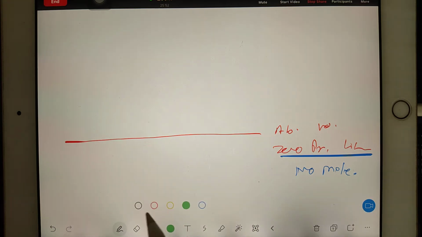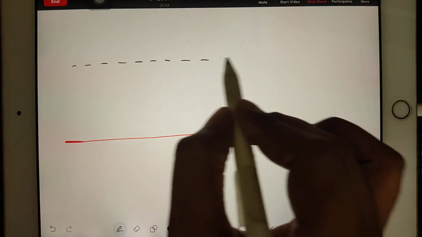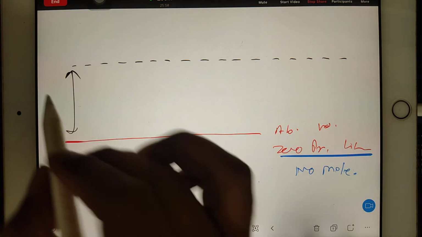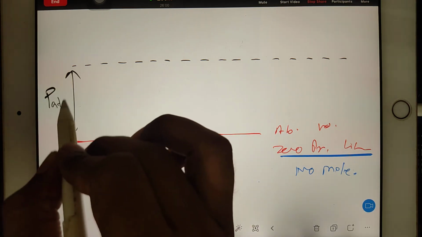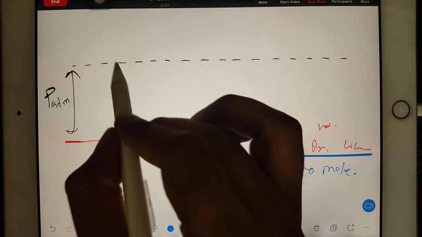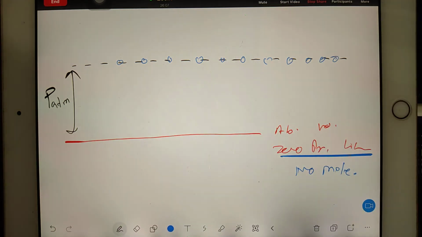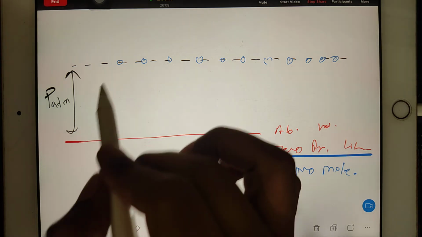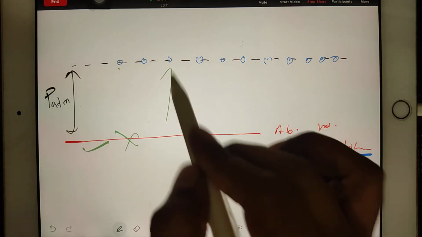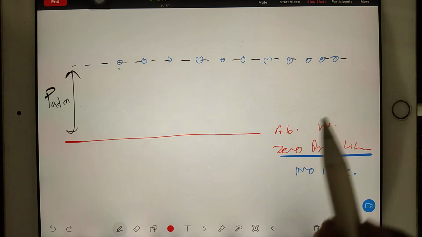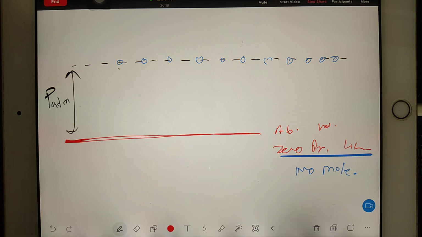Imagine I am drawing a dotted line like this, and this height I am representing with P atmospheric pressure. It means now I have exactly that amount of molecules which I was expecting in my atmosphere. Guys, this is not Earth's surface, this is not height, this is one method to represent pressure. So this is your zero pressure line.